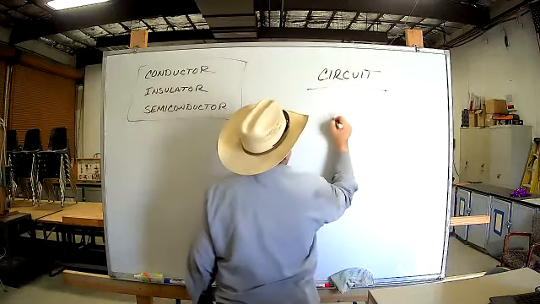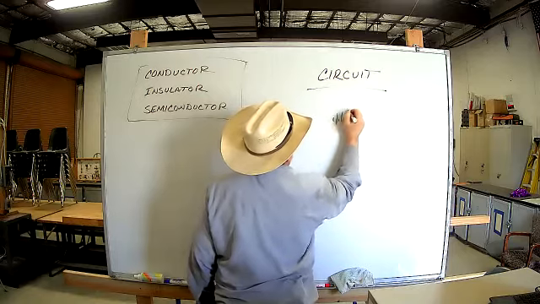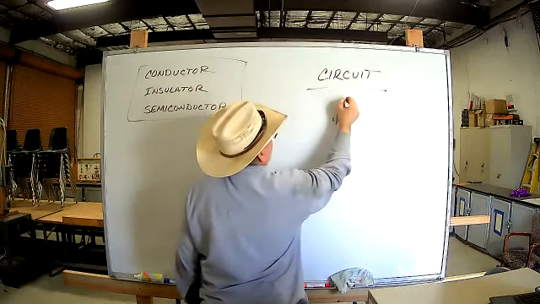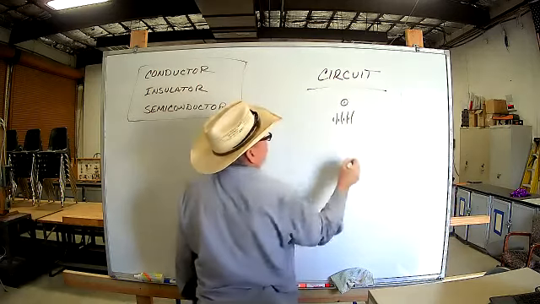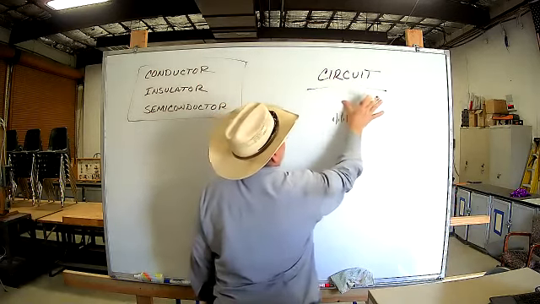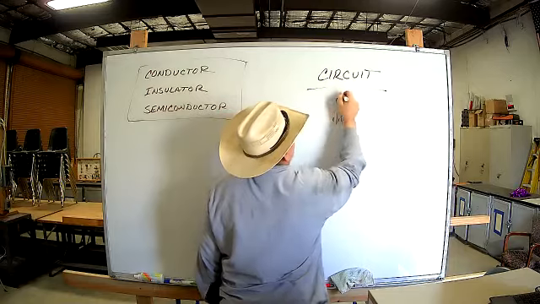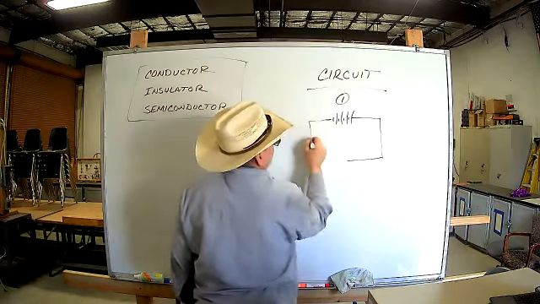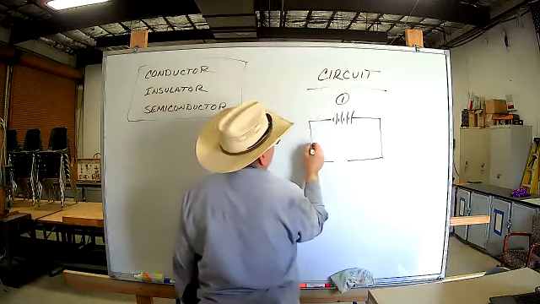Okay, I'm going to give you, this is a symbol for a battery, okay? So this will be one thing a circuit needs, all right? And then here's something else a circuit needs, right here.